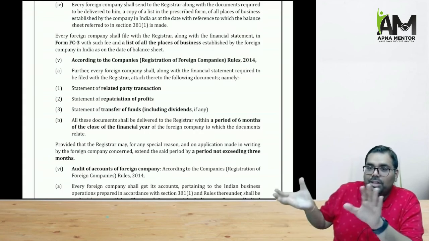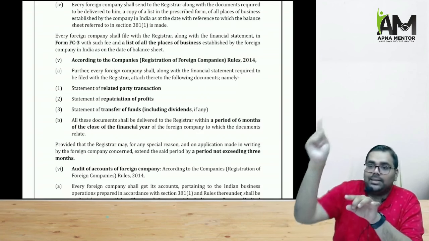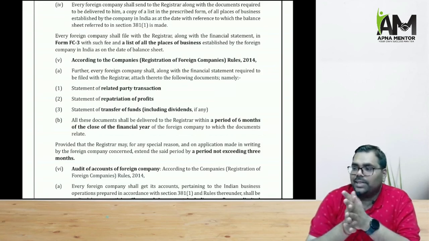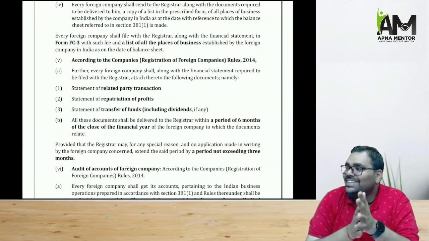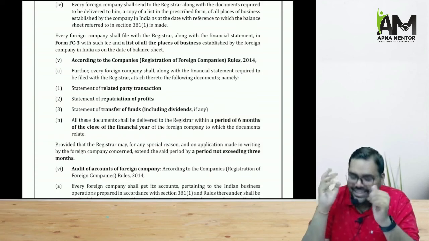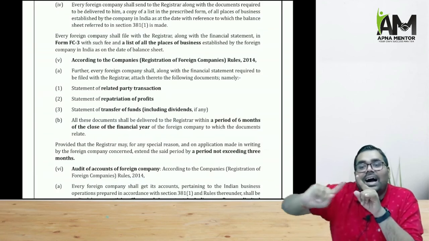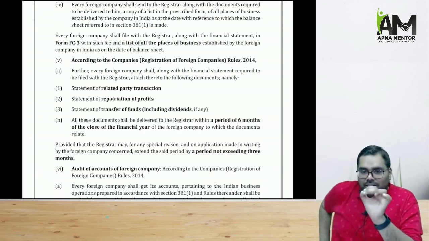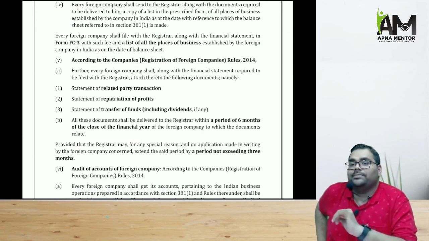Now it is making a lot of profits in India, and that profit they are sending back to Pakistan. And Pakistan will be using that money for fighting a war against us. So practically, the government wants to know where the foreign company is taking the money back. So you also give a statement of repatriation of profits.